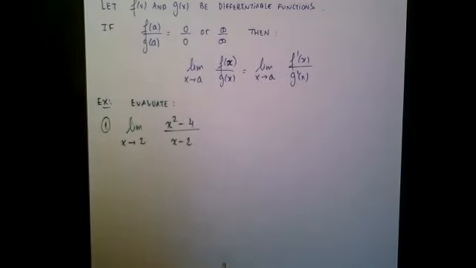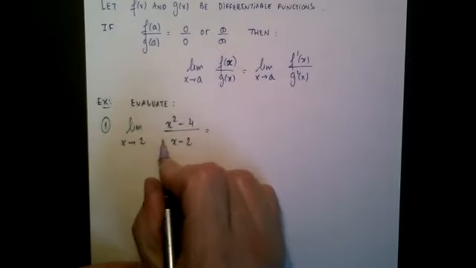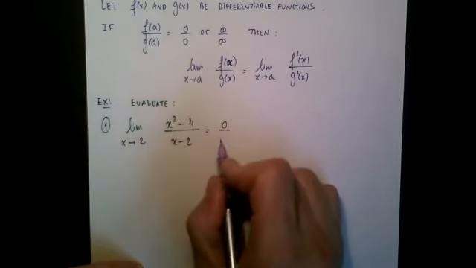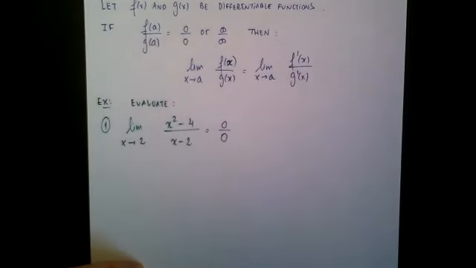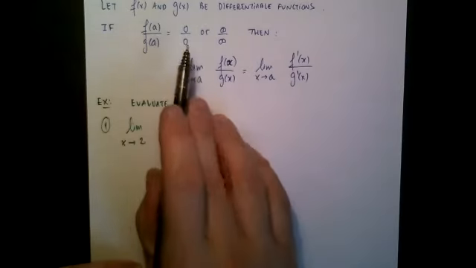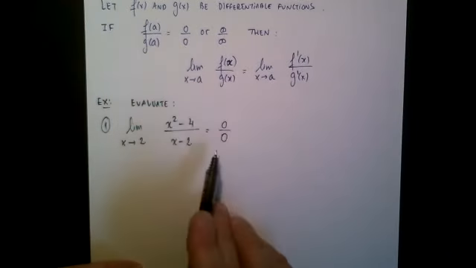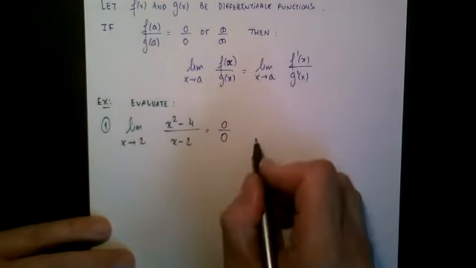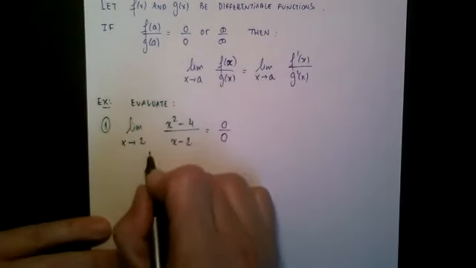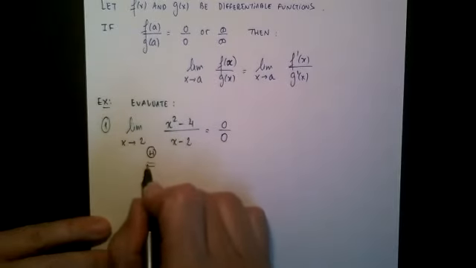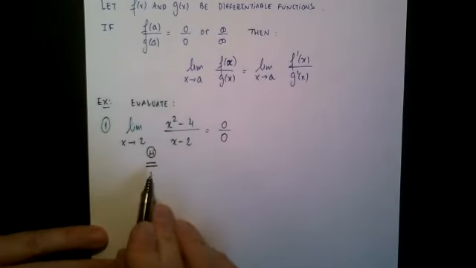Of course, the first thing you do, you plug in 2, you get 0 over 0. And so since I have 0 over 0, I could use L'Hopital's rule. So I'm going to write equals, and I'm going to put a little h here to show that I'm using L'Hopital's rule.